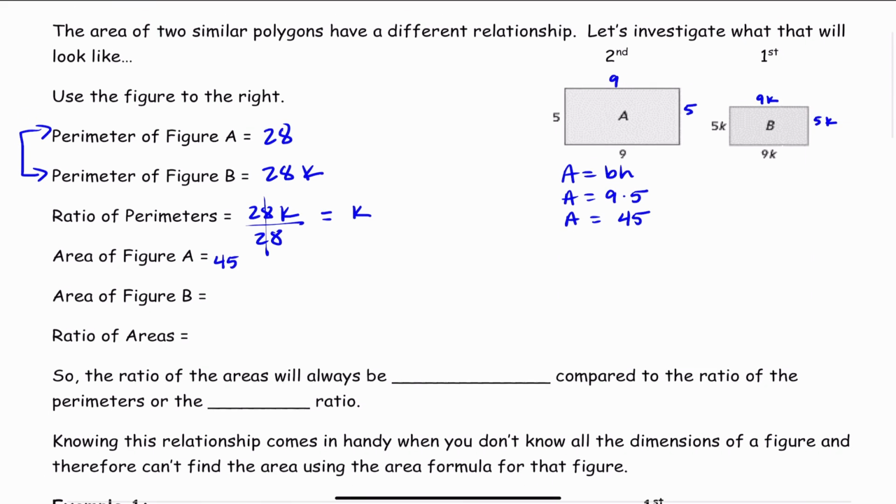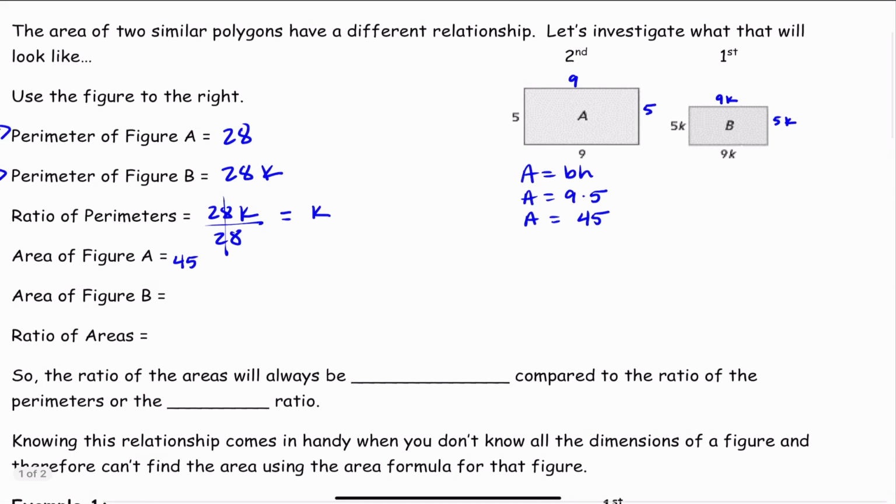And to find the area of figure B, well, again, it's A equals base times height. A equals 9k times 5k. 9 times 5 is 45. And then we have k times k, which is k squared.